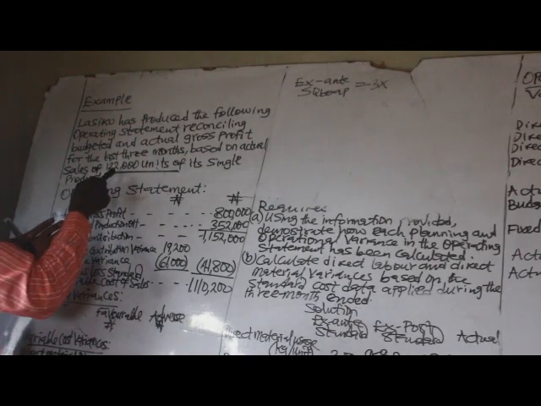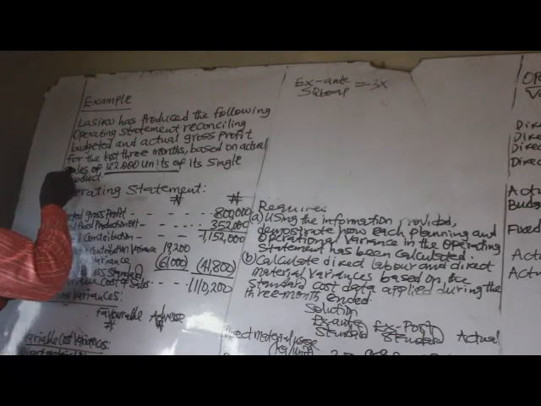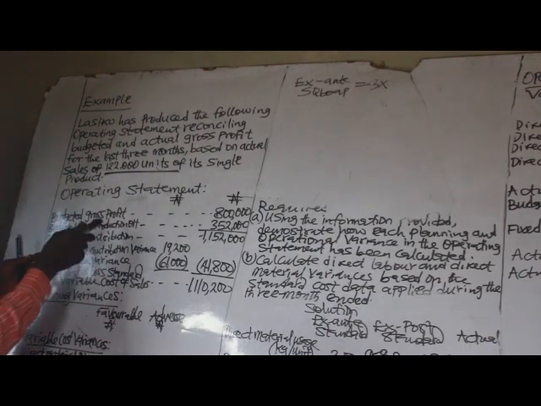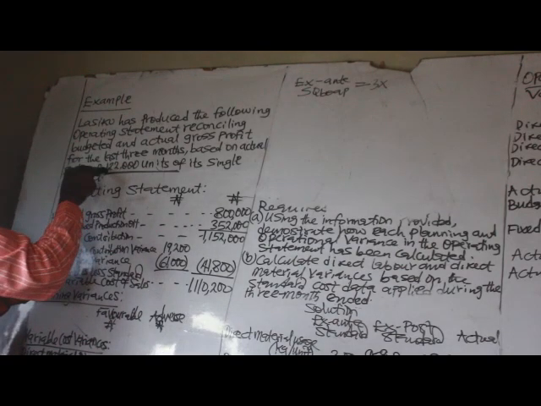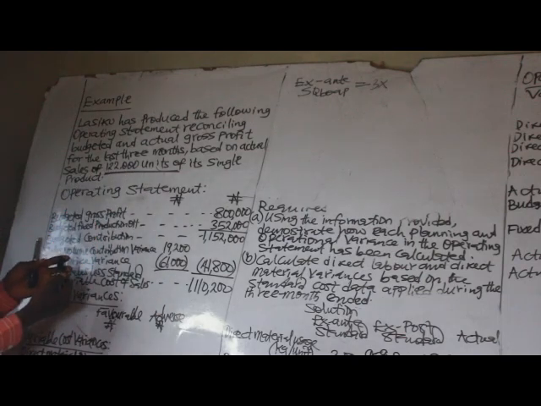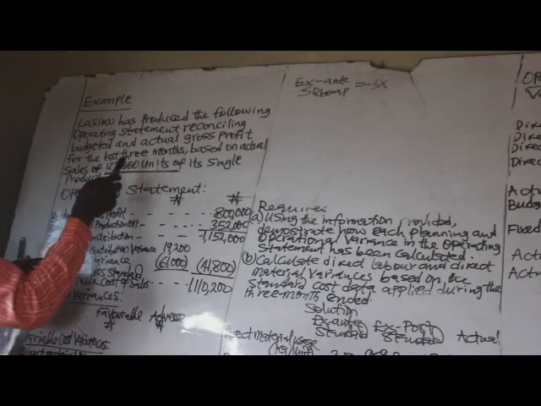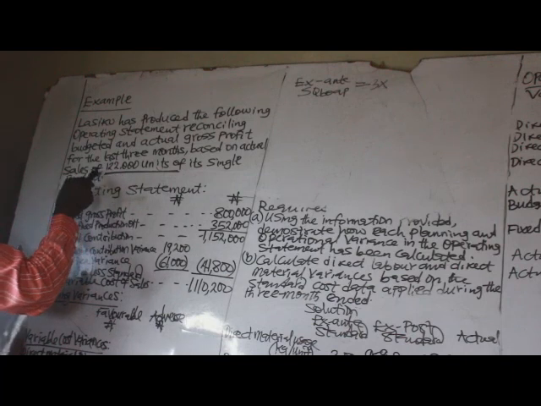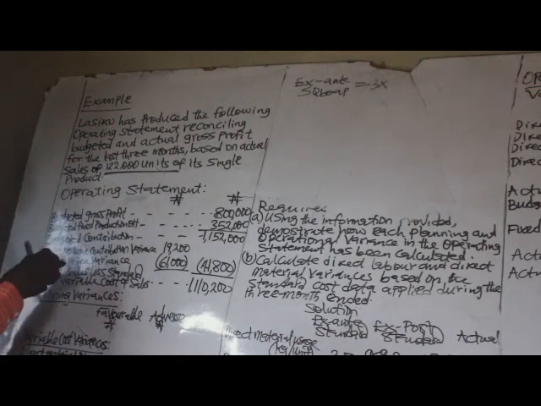So the units produced are assumed to be equal to the units sold, since there is no inventory. All units produced were sold. But if you are given the level of inventory, you add the closing inventory and minus the opening inventory to get the number of units produced. In this case, we are assuming our sales to be the units produced. So the actual production is 122,000 units.